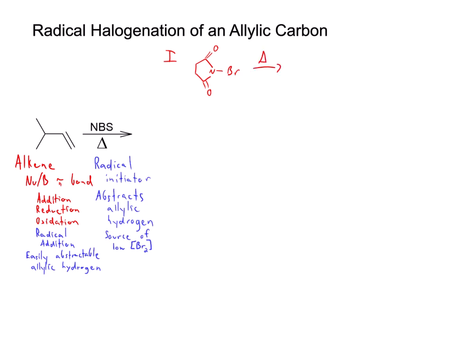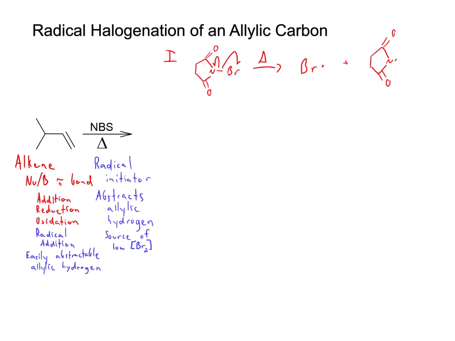So when we apply heat, we're going to get homolytic cleavage, and we're going to create our two radicals. In particular, we mostly care about this bromine radical because the other radical is stabilized a lot by resonance and is therefore going to be pretty inactive. Now, I mentioned that NBS is a source of low concentrations of Br2.